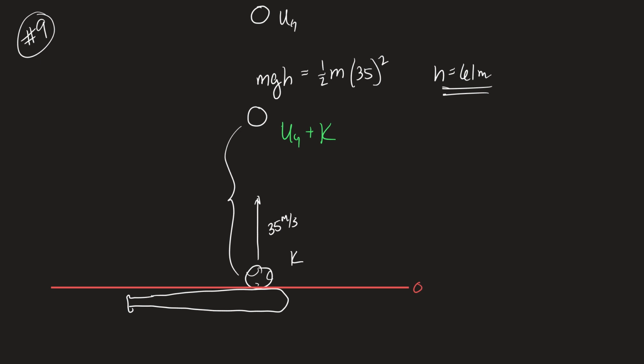This is still how much energy it has, so I'll say mg times 40 plus 1/2 mv squared has to equal 1/2 m times 35 squared. Is that good for you? And you can do the work, I don't have to finish it? Okay, excellent.